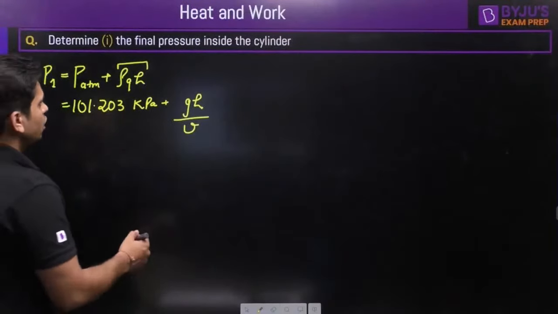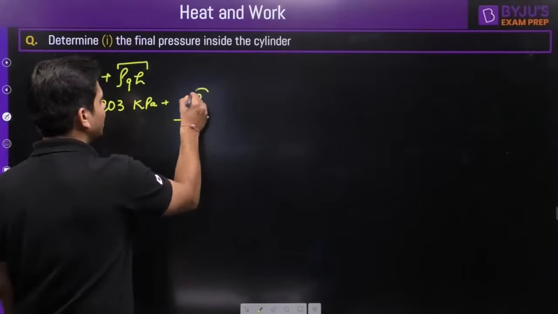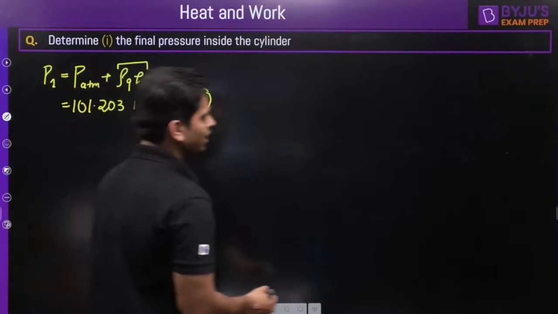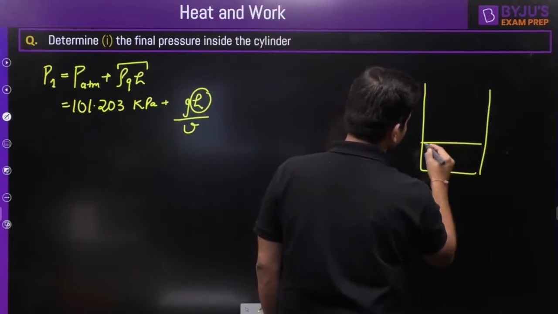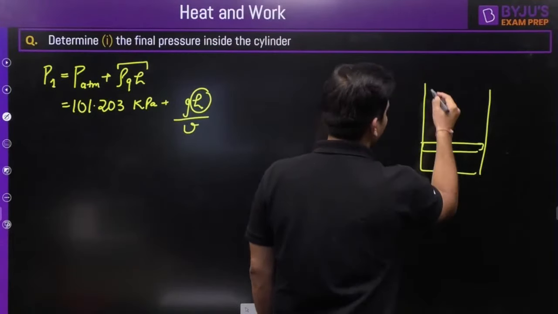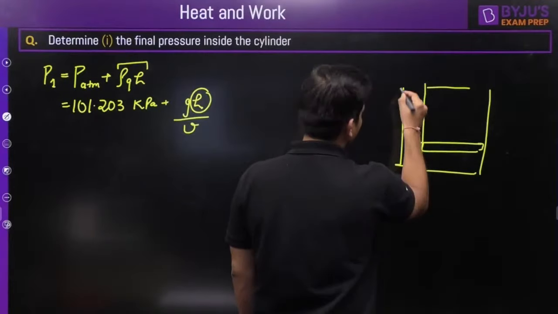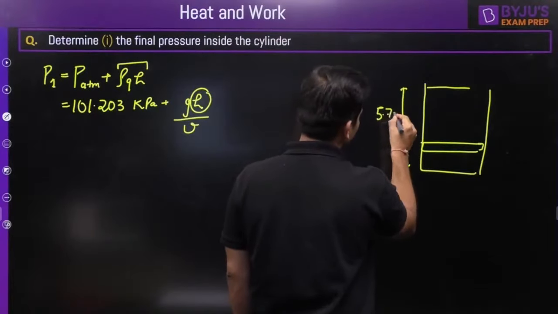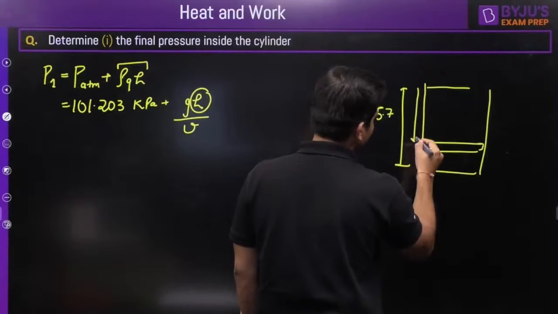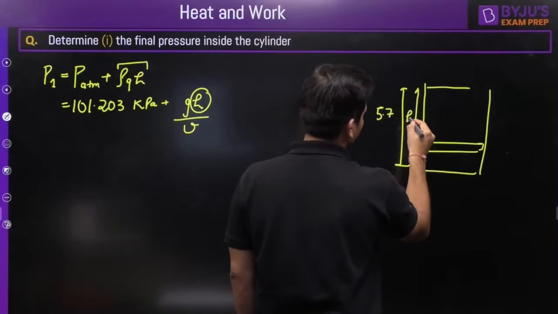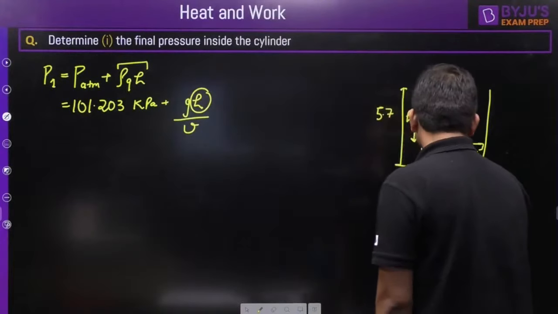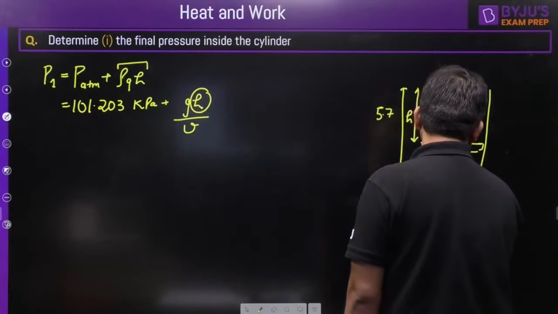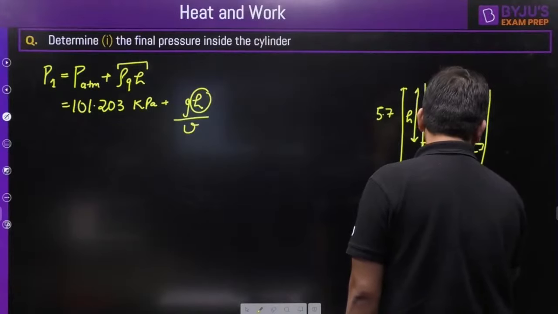Okay. So specific volume. Now I need to find out this h. What is this h? If this is the piston here and the whole height is 5.7, then I need to find out this height. How do I find out this height? V1 is given. So V1 is equal to area into height.